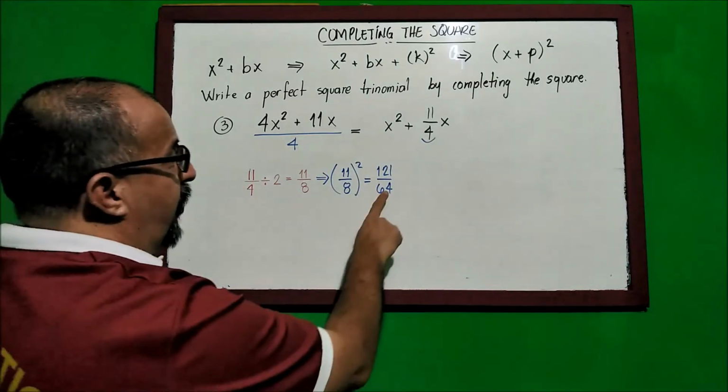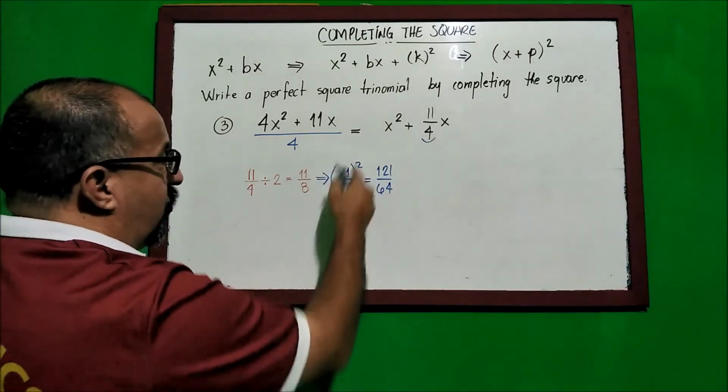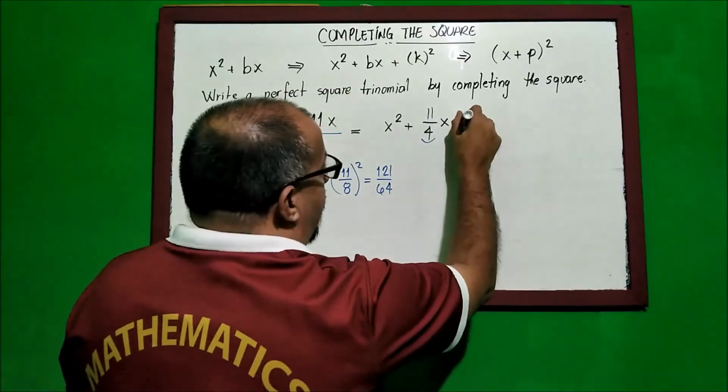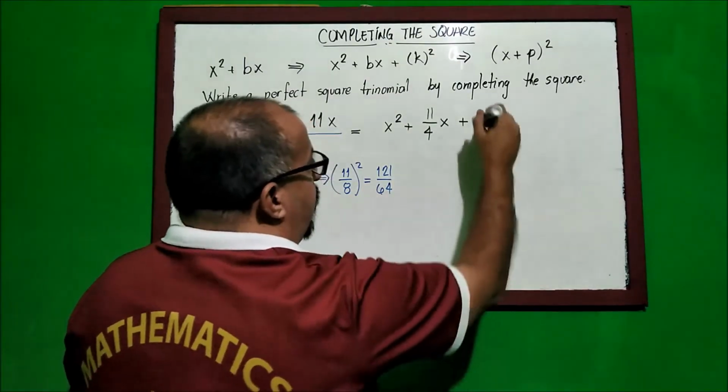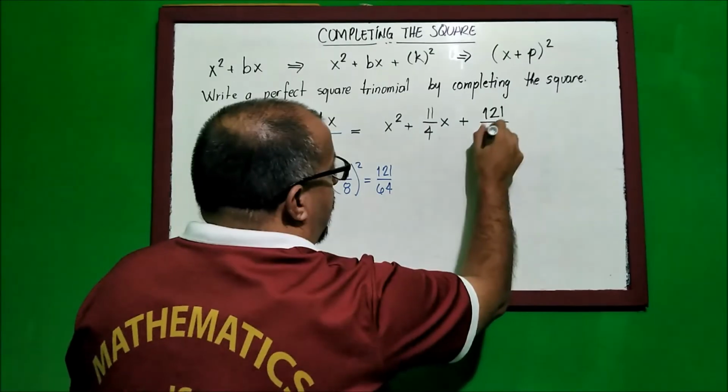So here we have the expression that I need, okay? So this 11/8 squared, which is 121/64, will go added to the expression. 121/64.